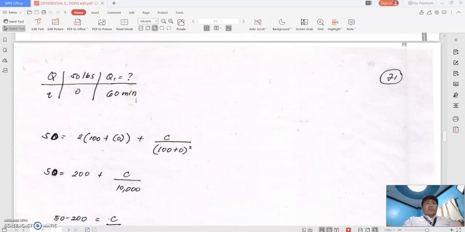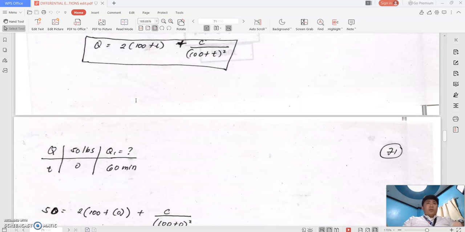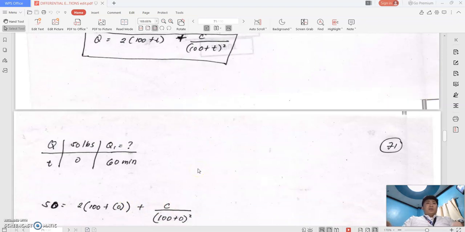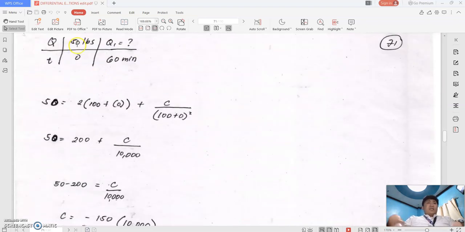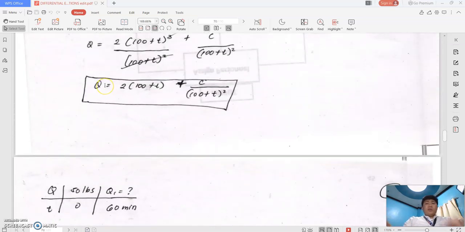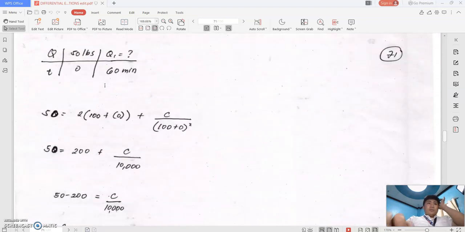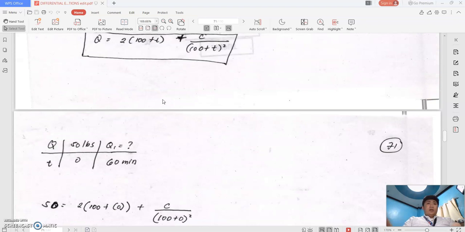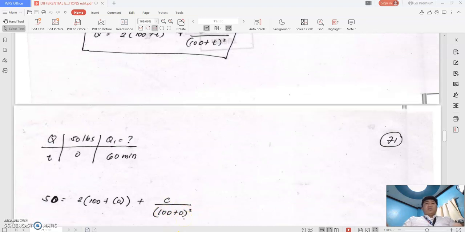So from that, we'll just substitute. Di ba? The formula man ani. We have 2 times 100 plus t, and c over. So since we have at start salt at 50, put your 50 here because the Q stands for the salt. Then 2 times our 100 plus time 0, c over 100 plus time 0.